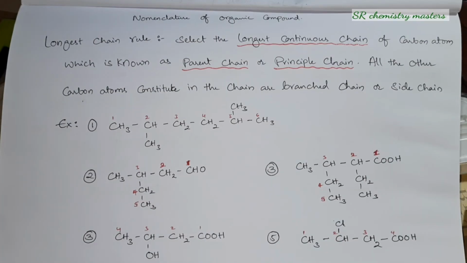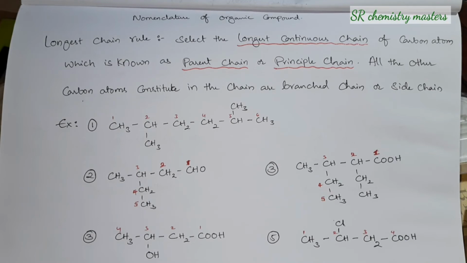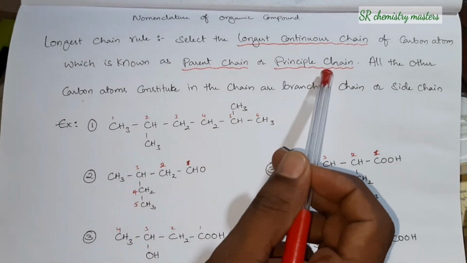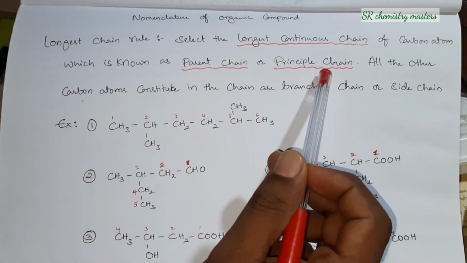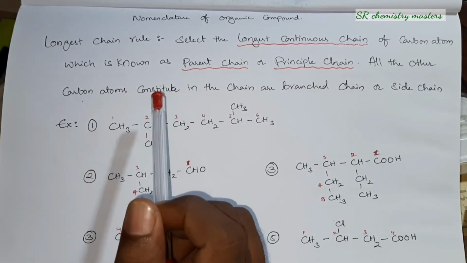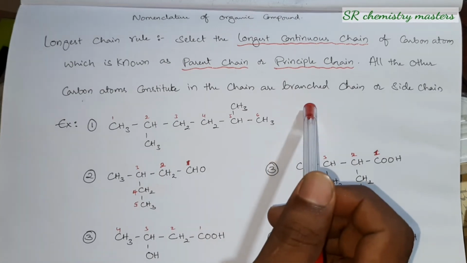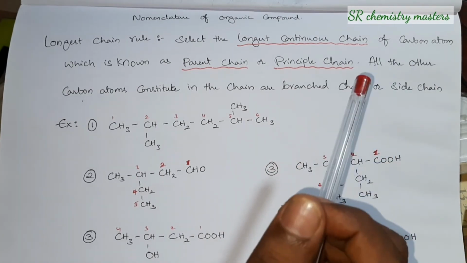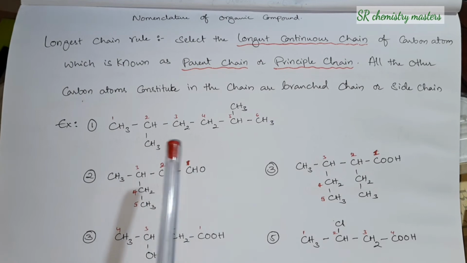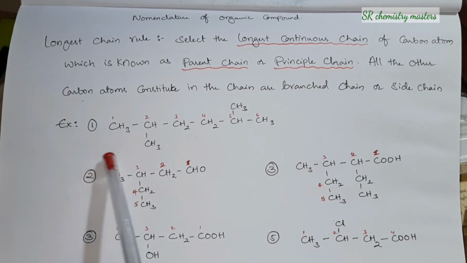Let us see the longest chain rule. You have to select the longest continuous chain of carbon atoms, which is known as the parent chain or principal chain, while naming the organic compound. All other carbon atoms in the chain constitute the branched chain or side chain. For example, if you see here, you have an organic compound.